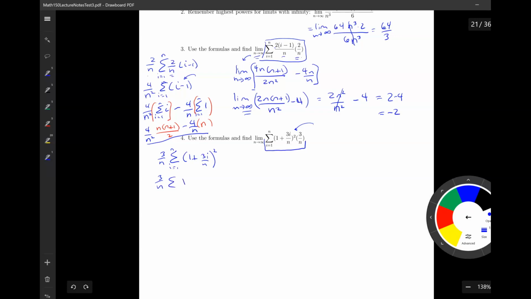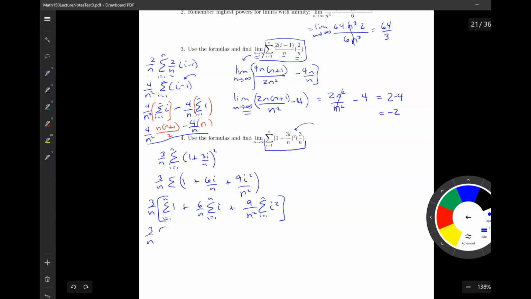So I get 1 plus 6i over n plus 9i squared over n squared. Okay, so this 3 over n, I'm going to keep all on the outside, and let's just split this up. So the summation of 1 plus 6 over n, the summation of i, plus 9 over n squared, the summation of i squared.